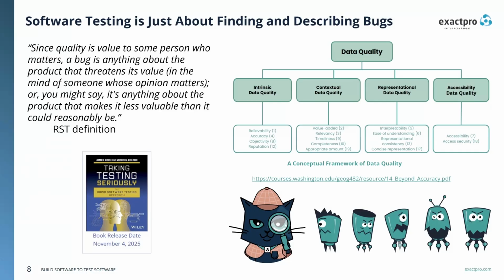And by focusing on things that are important for people, by focusing on detecting and describing defects, we as software testers perform our information service and help stakeholders to better evaluate the software that they're trying to build.